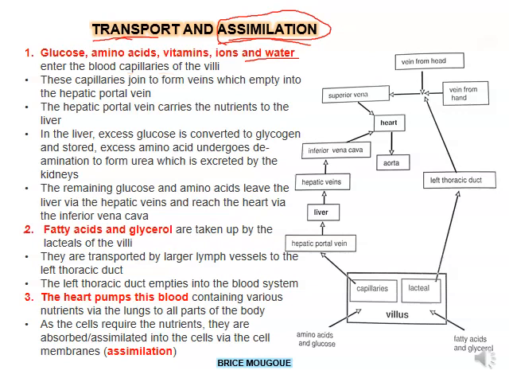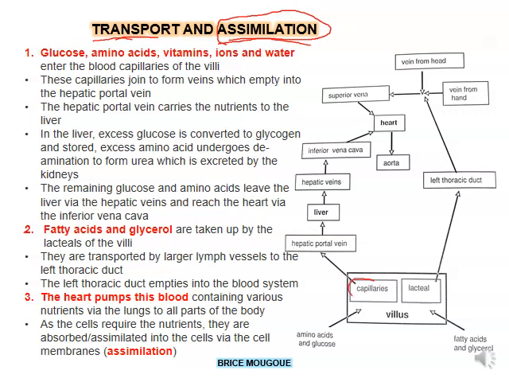Here are the blood capillaries, and this is the villus. So we're looking here at amino acids and glucose as part of these substances I've been mentioning up here. These substances have entered the blood capillaries of the villus, and it's from there that we're going to see how they travel.